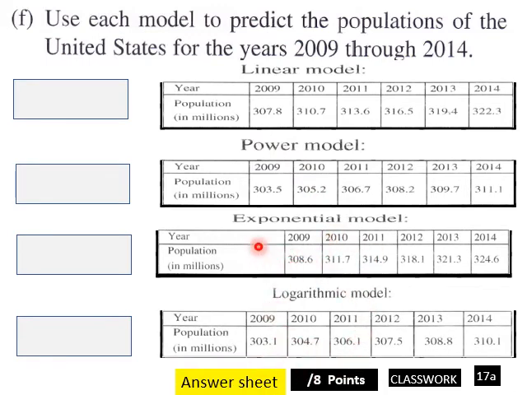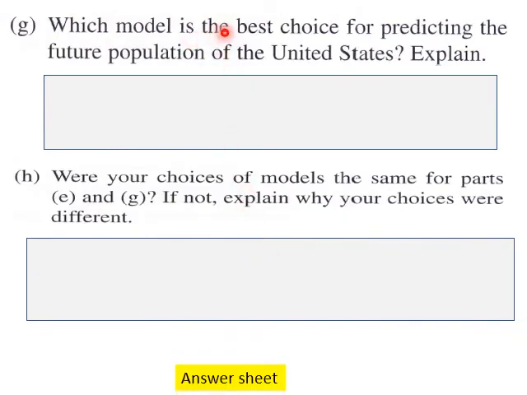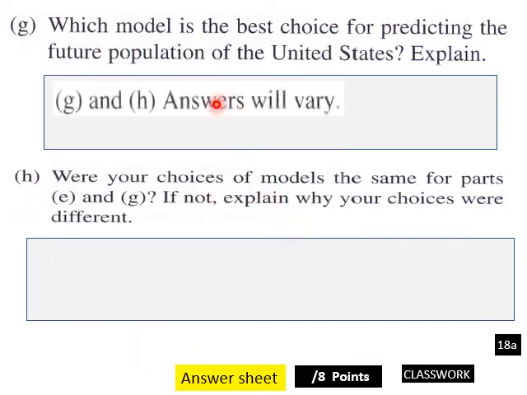That should be on your table. Population in millions. And then you have your year, and then your population. And then which model is the best choice, explain. So G and H answers will vary, so it's up to you for both of these. You can surmise that on your own.